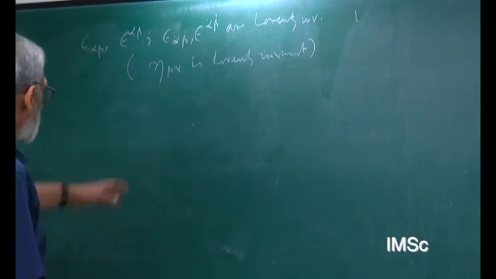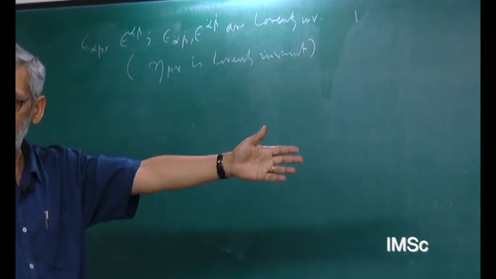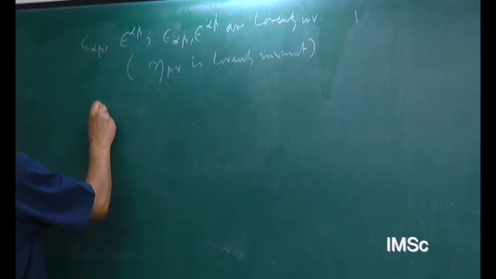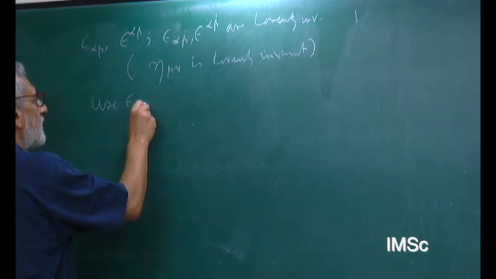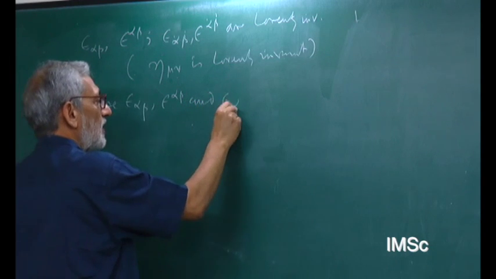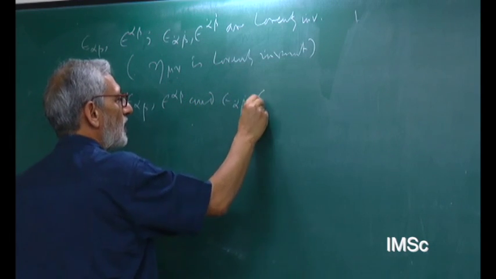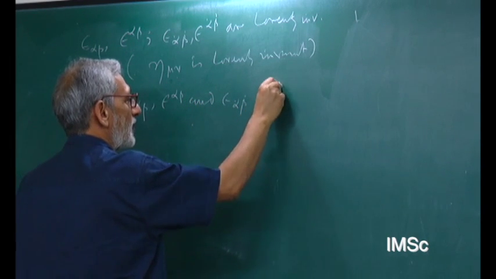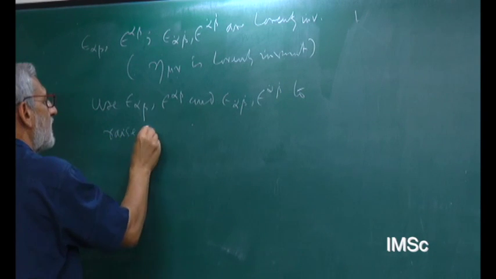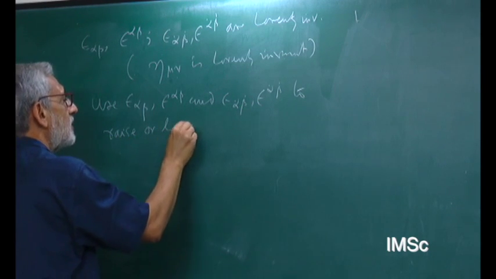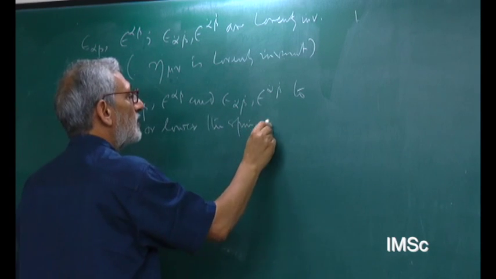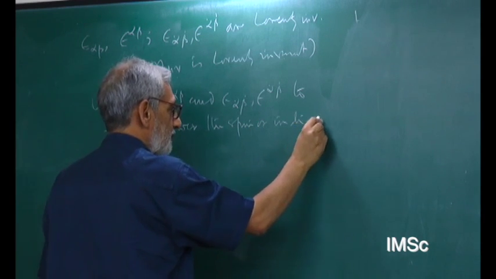And we use eta mu nu to raise and lower indices on the space-time indices. In the same way, we use epsilon alpha beta and epsilon alpha dot beta dot to raise or lower the spinor indices.